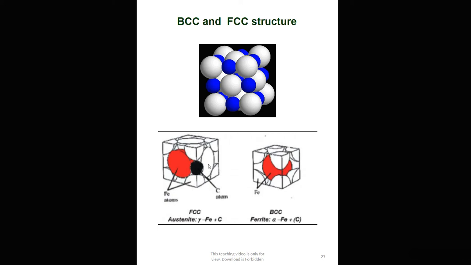The iron atoms are at the face centers, and the carbon atom could be here. But at room temperature, the space reduces, so the carbon atom goes outside and then forms cementite.